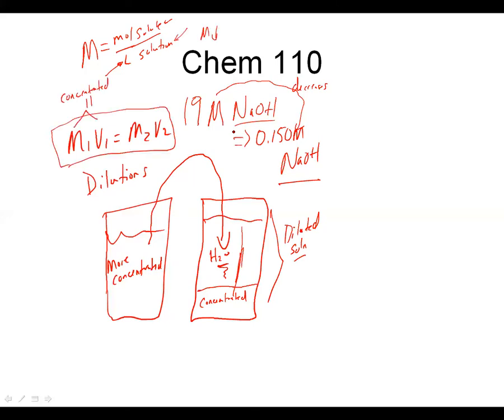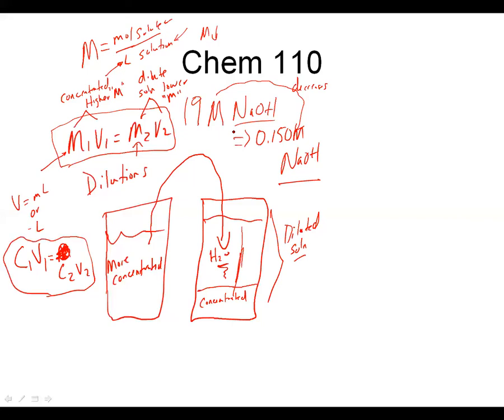That's the dilution equation, M1V1 equals M2V2. As I mentioned in the lecture, even though most of the time we use molarity, you don't have to necessarily use molarity here, and that's what the C stands for.